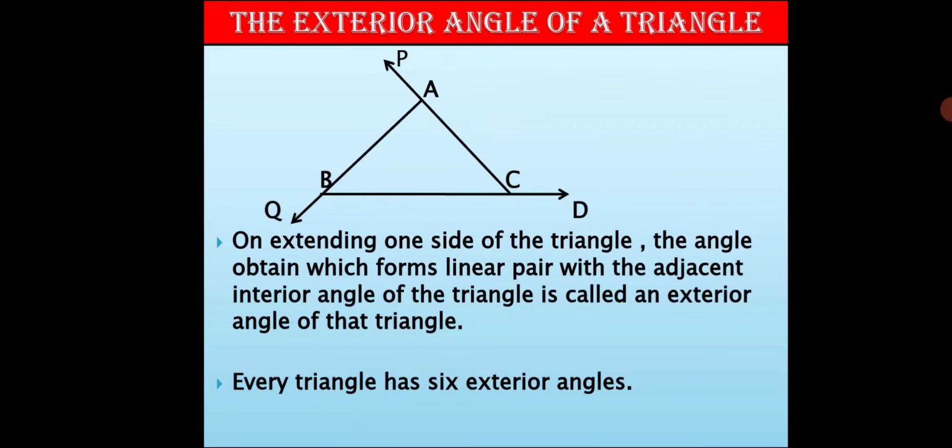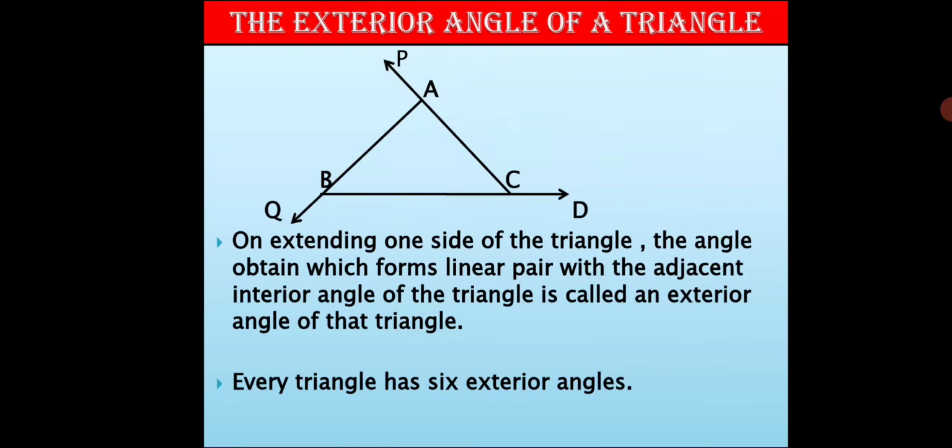That is angle ACD which is formed and which lies outside the triangle. Now angle ACD is an exterior angle of triangle ABC. And angle ACD and angle ACB are the angles in the linear pair.